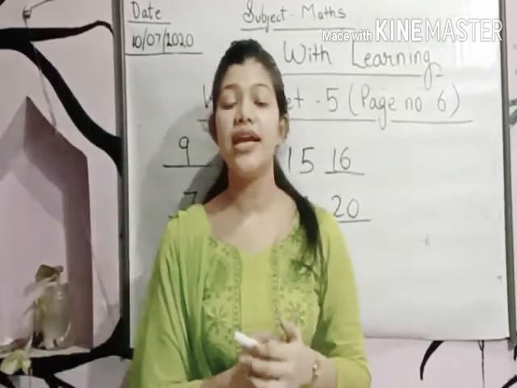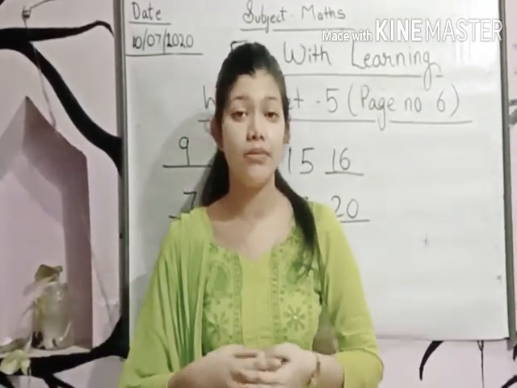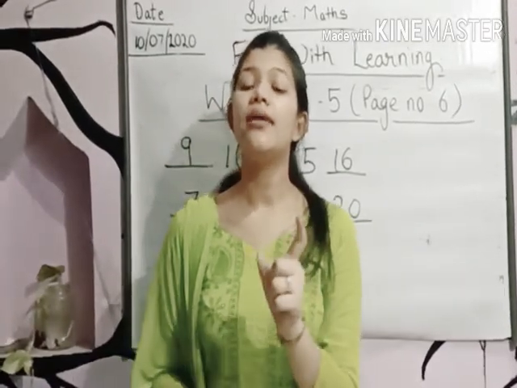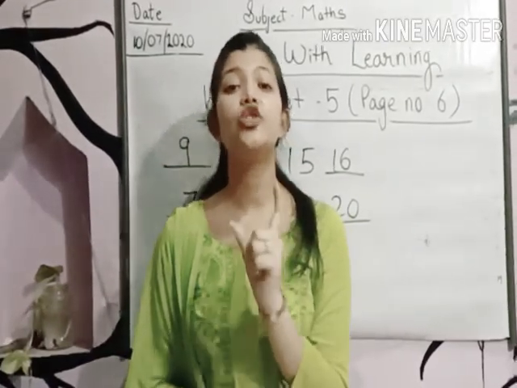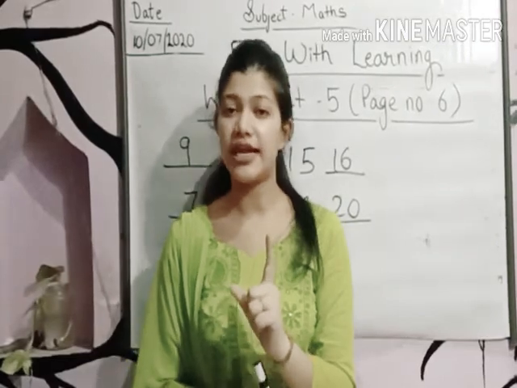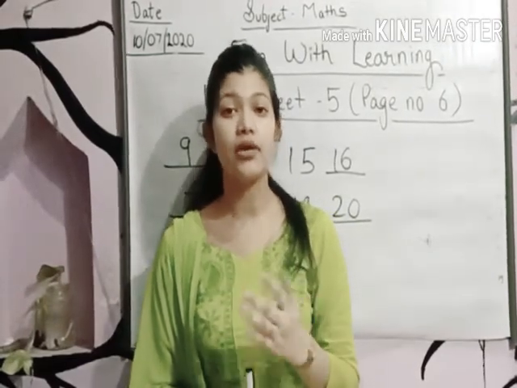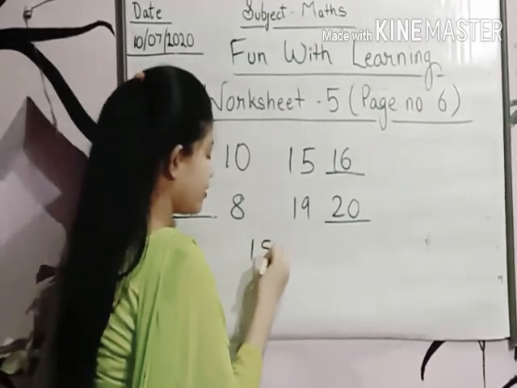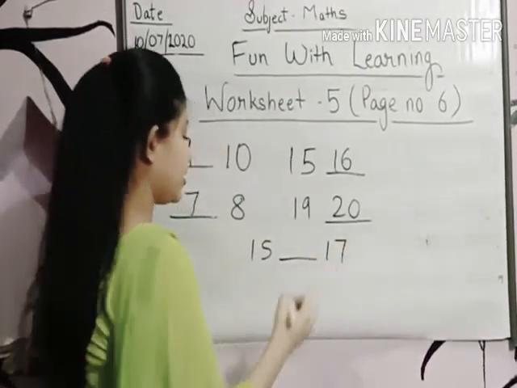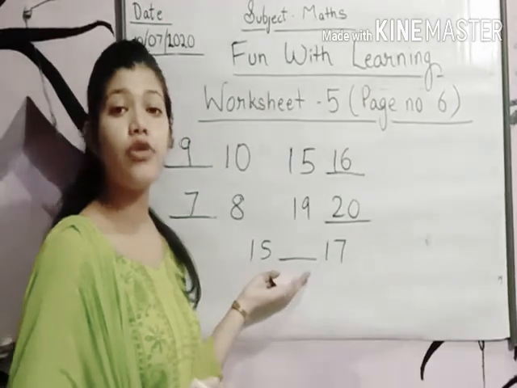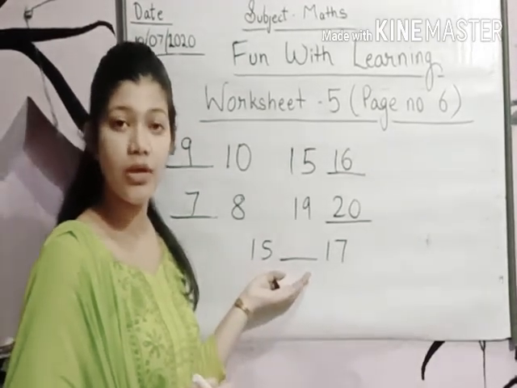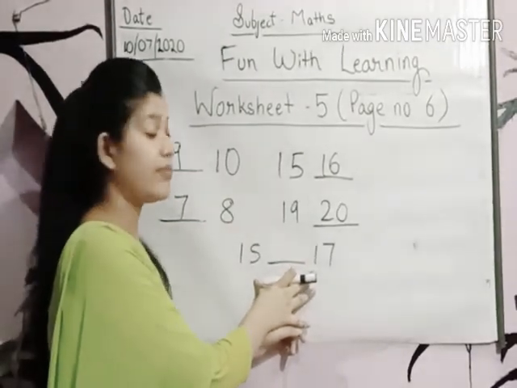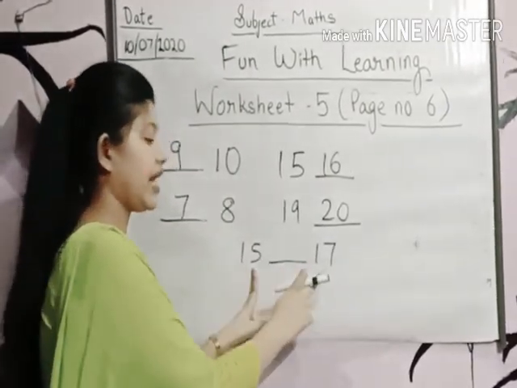Clear? Now let's discuss between numbers. Between numbers means a number that is in between two numbers. For example, if I give you 15 dash 17, you have to fill in the between number, the number which is given in between 15 and 17.